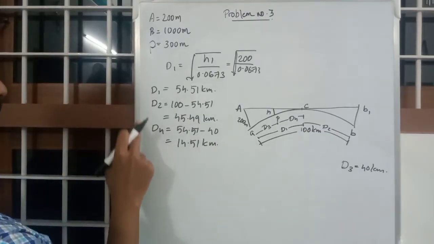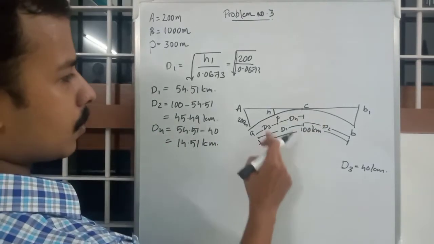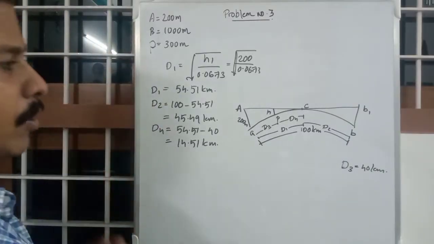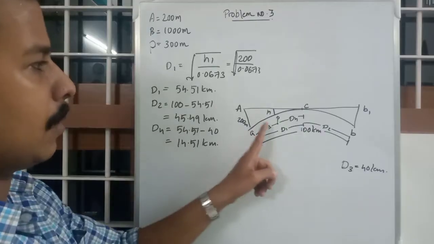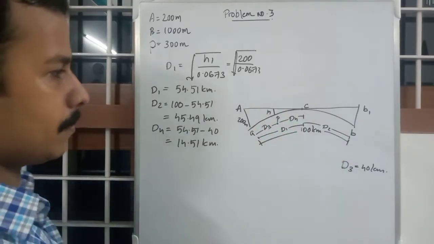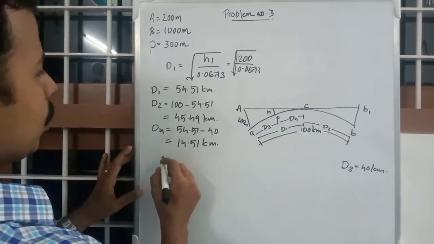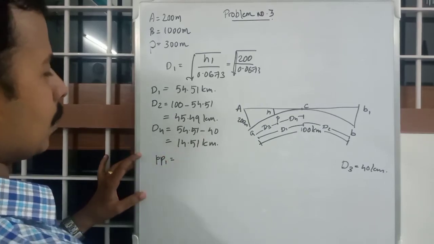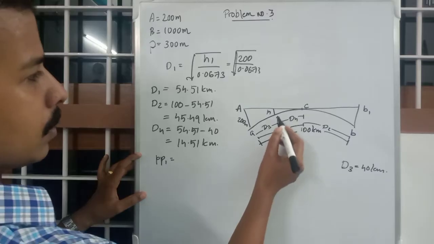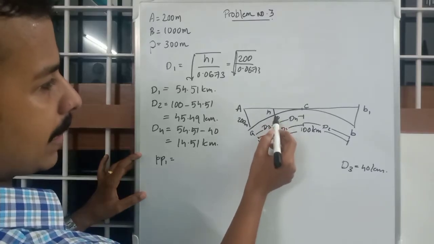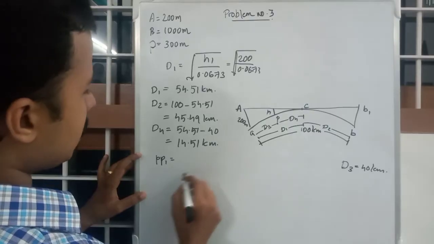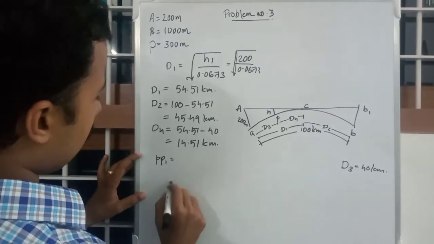So we have D1, D2, D4. We have all the distance values, and now using the same equation you will calculate PP1 and BB1. PP1 is this height, so we will substitute in this equation in this manner.